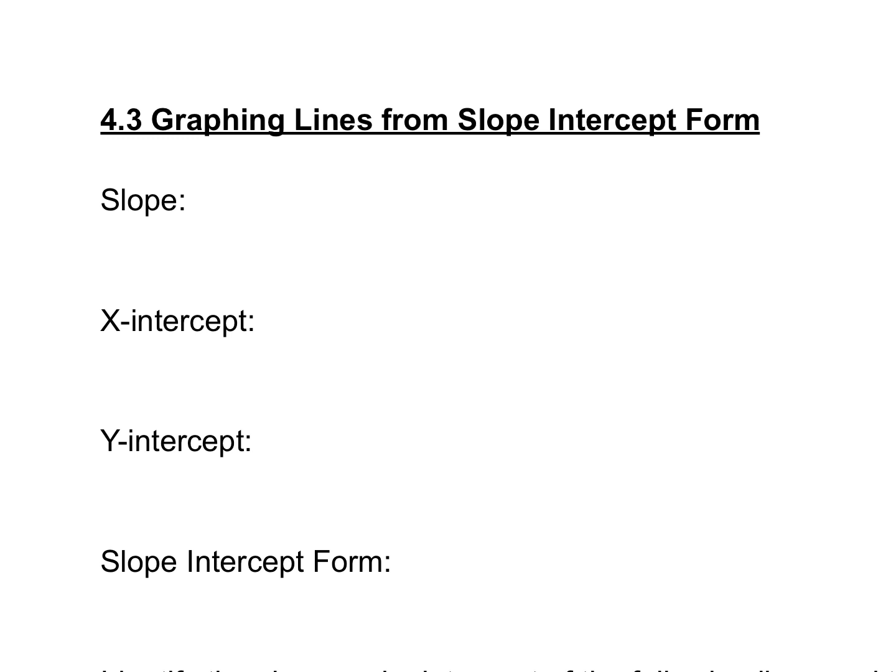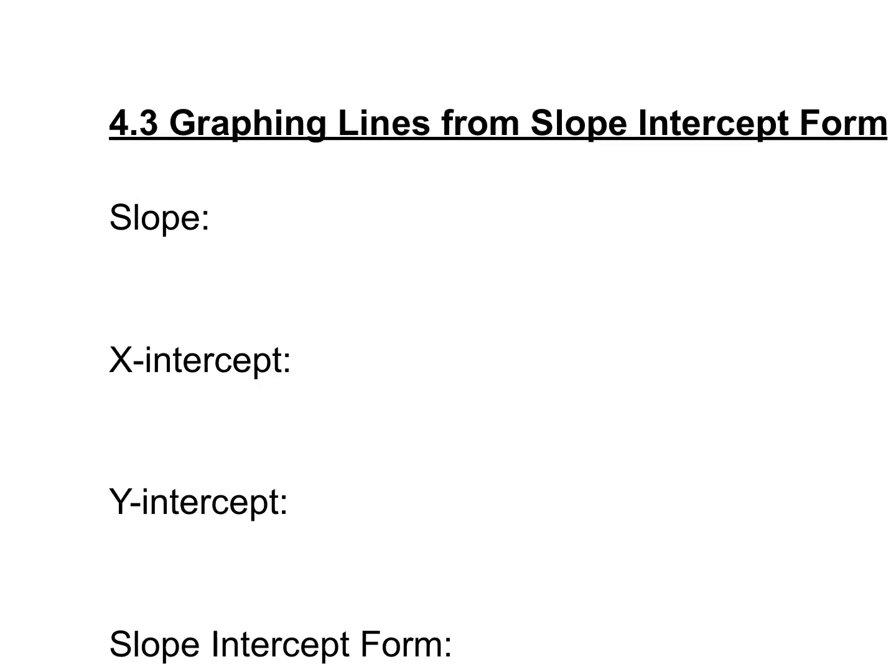All right, so 4.3, we're finally going to get to start graphing lines using the slope and things that we've been talking about. We are going to be graphing from slope-intercept form, so you're not going to have to use the slope formula, but you will have to remember that slope is rise over run.